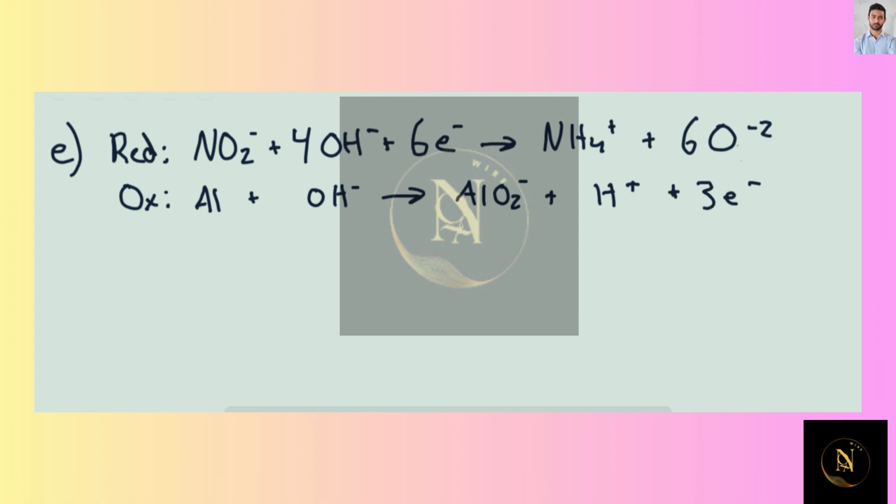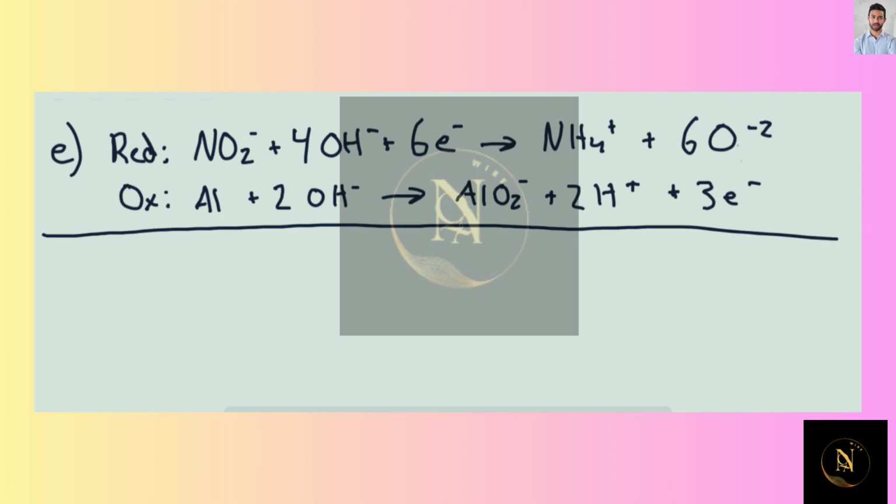So we have 3 electrons. To neutralize, that means we're going to have 2 oxygens on the left, and we're going to need to have 2 protons to balance the hydrogens. So here, to make the electrons cancel out, we just need to multiply the bottom reaction times 2.